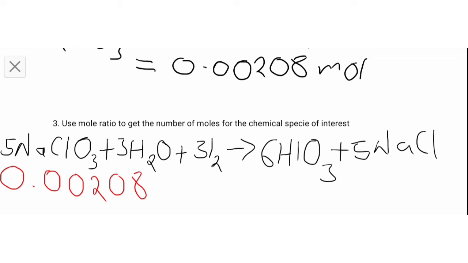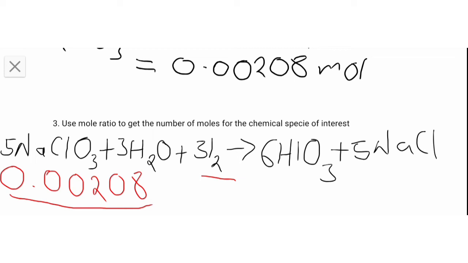We are ready now to tackle step number 3. For us to perform this step, we need to have a balanced chemical equation. So we need to use this balanced chemical equation. We have calculated the number of moles for sodium chlorate. Now what we need to calculate is the number of moles for iodine. For us to do this, we can simply use the mole ratio.